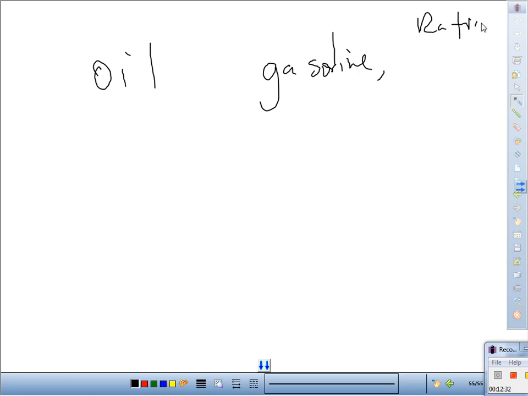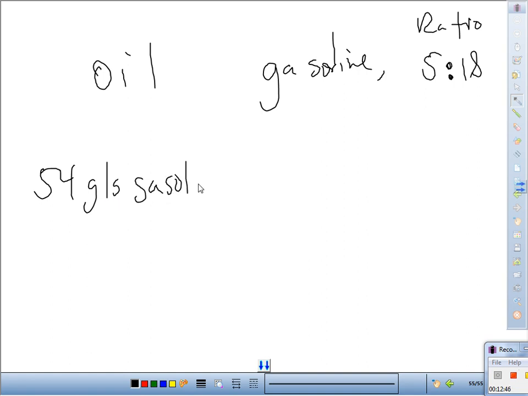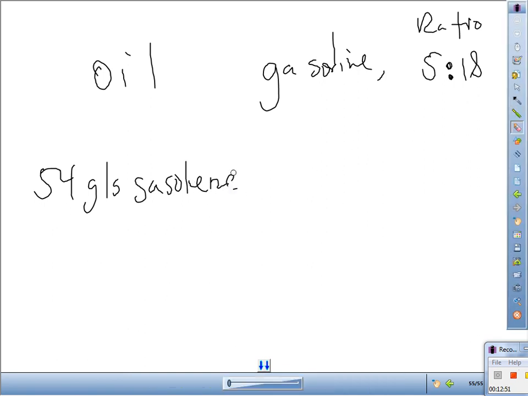Okay, it says oil and gasoline. Five to 18 is the ratio. 54 gallons of gasoline, and they're asking for how many ounces of oil.